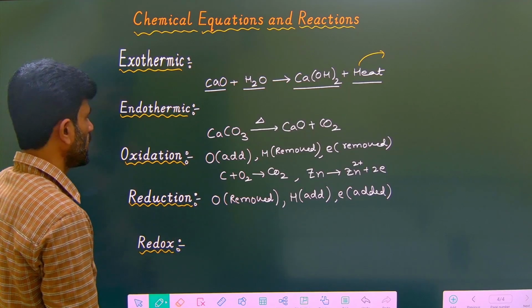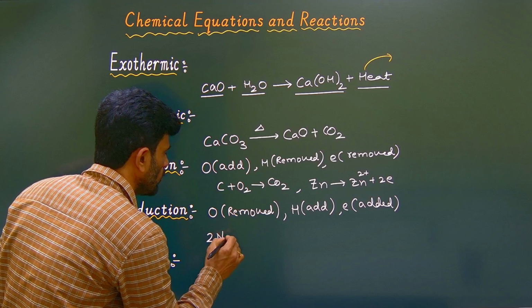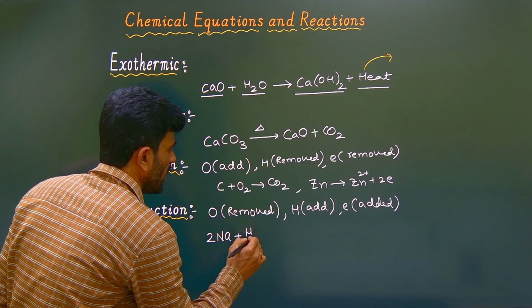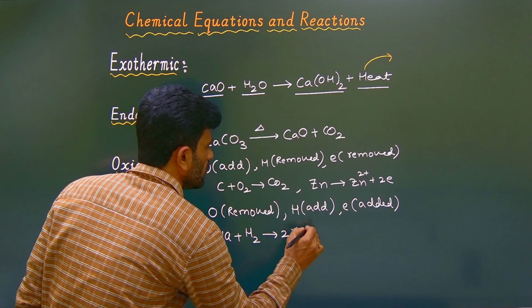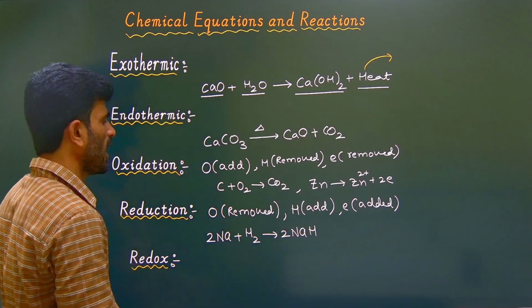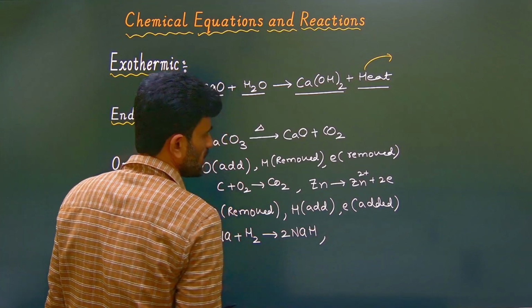Reduction reaction. For example, we have sodium: 2Na plus H2 gives rise to 2NaH. In this case, what is happening? Hydrogen is added to the substance, so we can call it a reduction reaction.